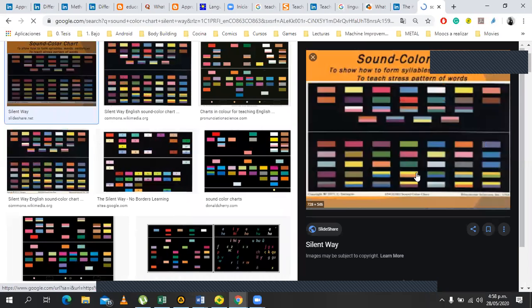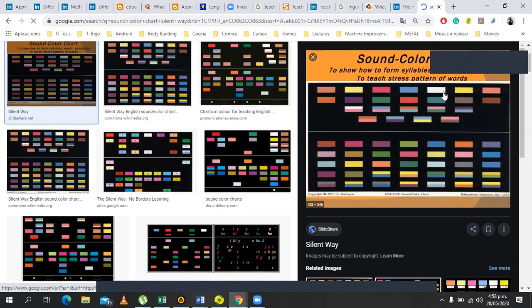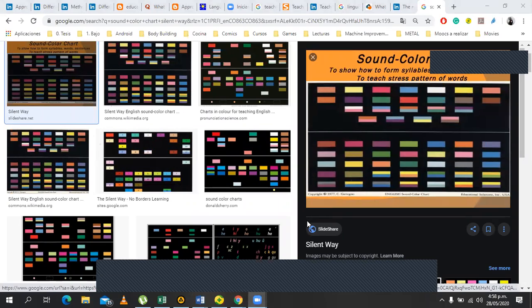Very good. So for example, for each color, you were going to have a sound, right? So let's say that I'm going to say something like here and pull here. Pull, o, a, o, u. So apple, right? So that was going to be the way in which we were going to create the right sound.